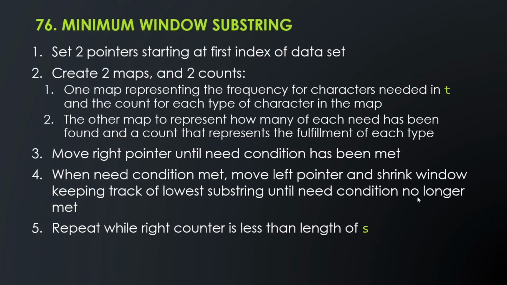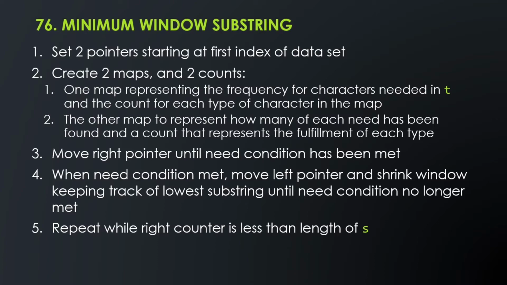So how does this work? Alright, so the algorithm looks like this. We set 2 pointers starting at the first index of the data set. The next thing we need is to create 2 maps and 2 counters. One map will represent the frequency for characters needed in T and the count for each type of character in the map.